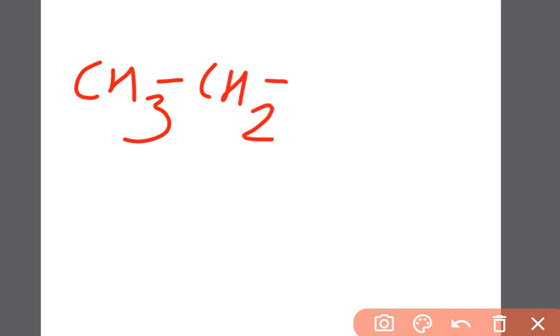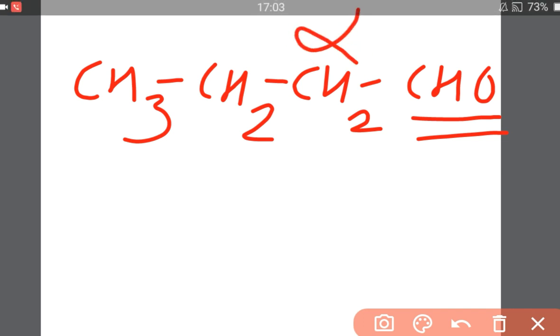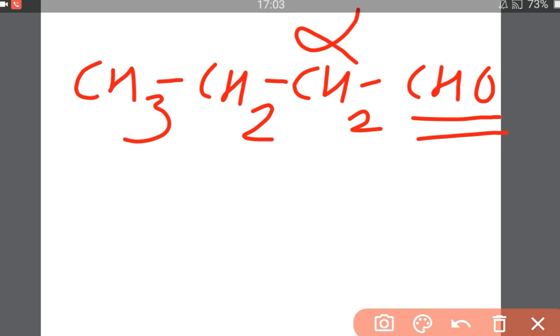CH3, CH2, CH2, CHO. So this is the functional group, and next to this functional group the alpha carbon is present, and hydrogens on alpha carbons are known as alpha hydrogens.